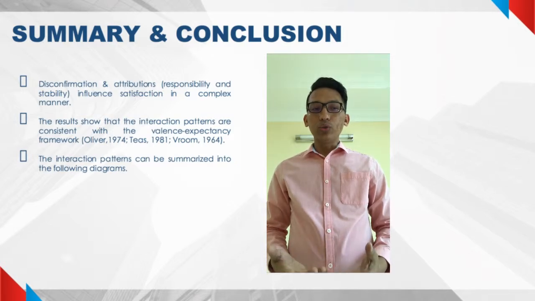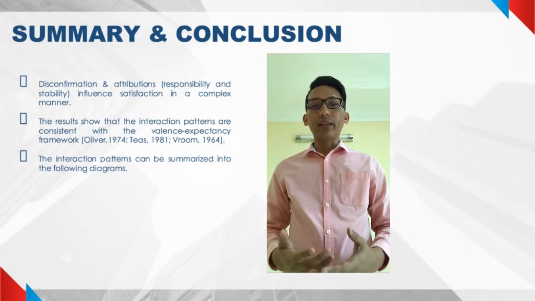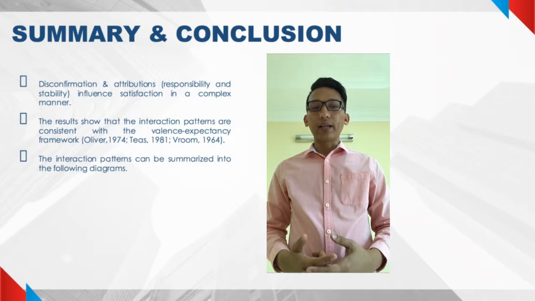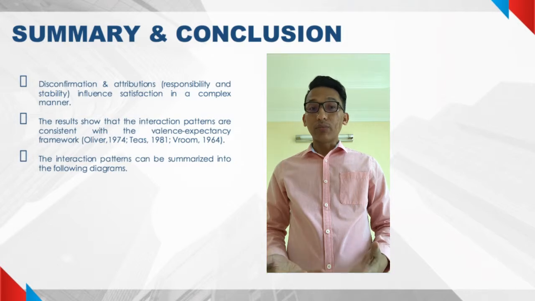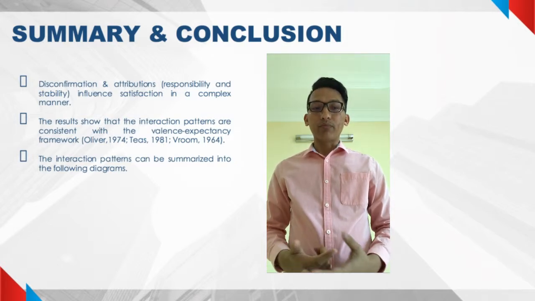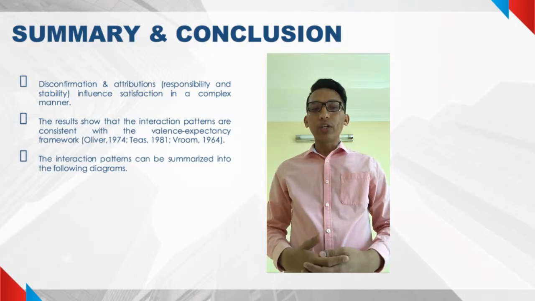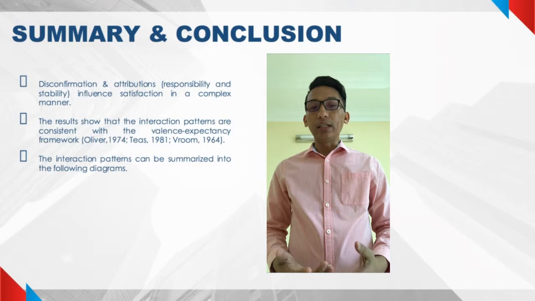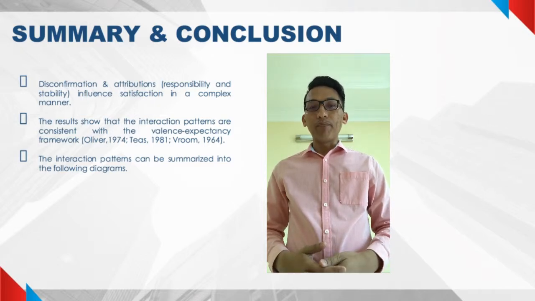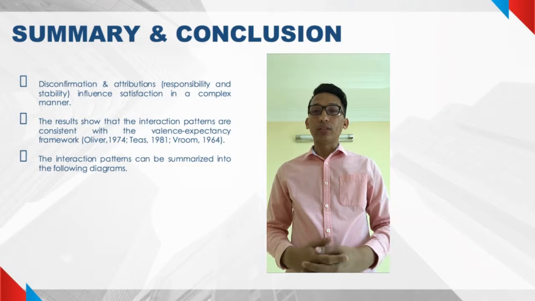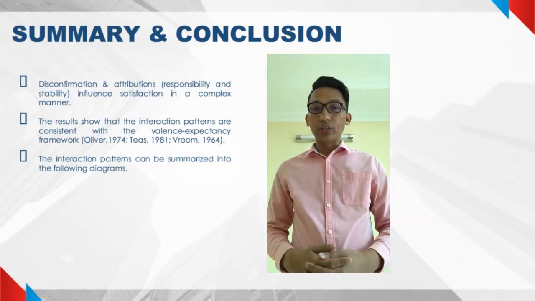The research model used is based on the valence expectancy framework, which finds that disconfirmation and attribution, which are responsibility and stability, impact satisfaction in a complex manner. We can also understand that disconfirmation and responsibility determine the valence part of the framework, while stability makes up the expectancy component of the satisfaction equation.